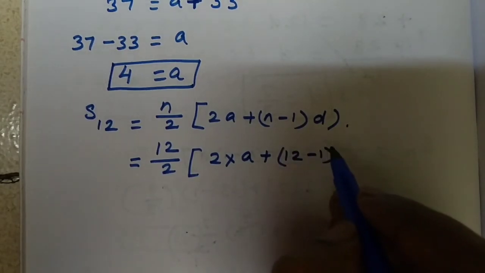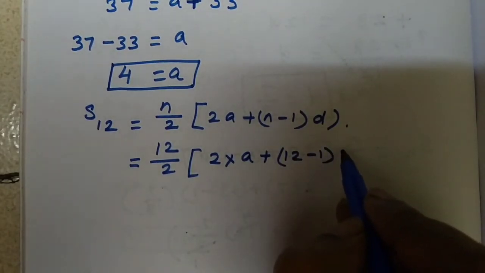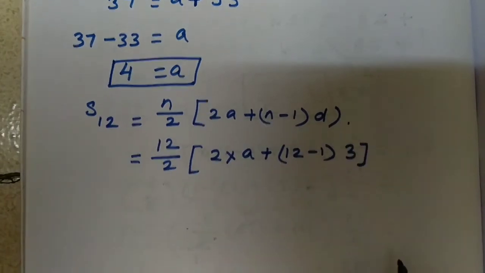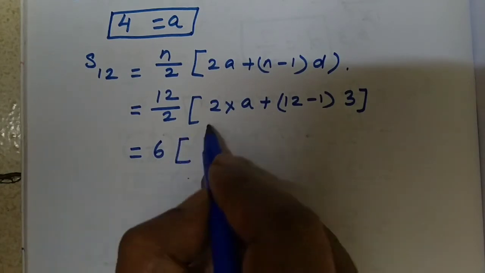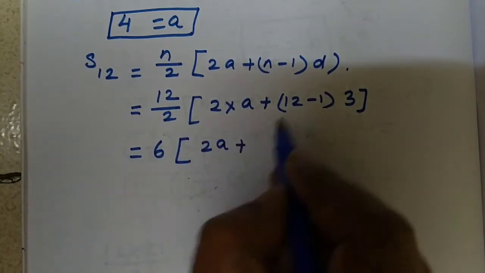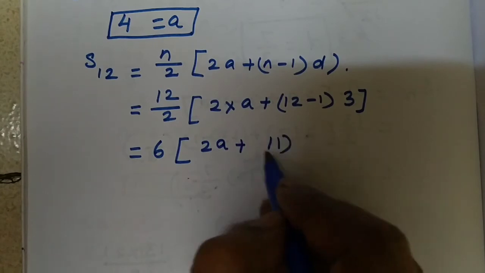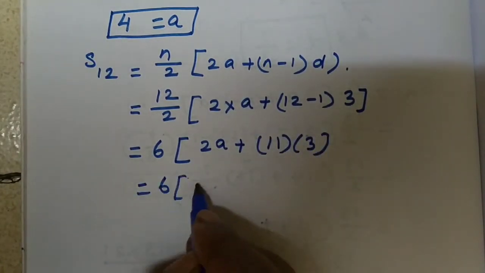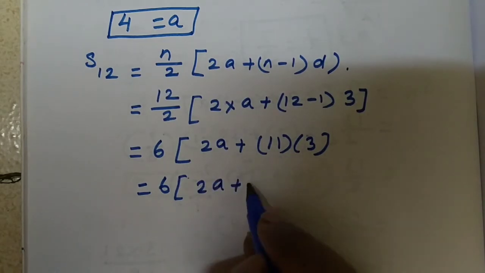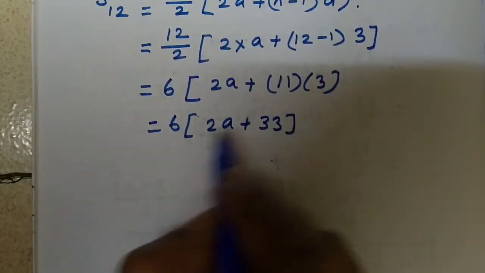The value of d is 3. 12 by 2 is 6. 2a plus 12 minus 1 is 11 into 3. 2a plus 11 into 3 is 33.